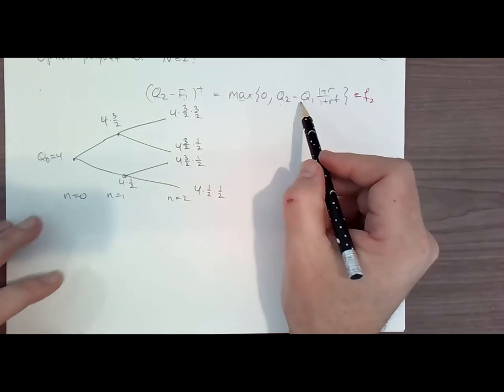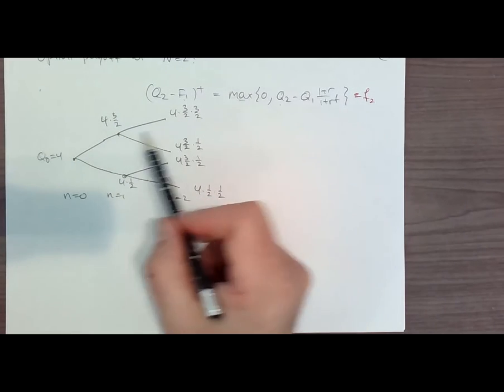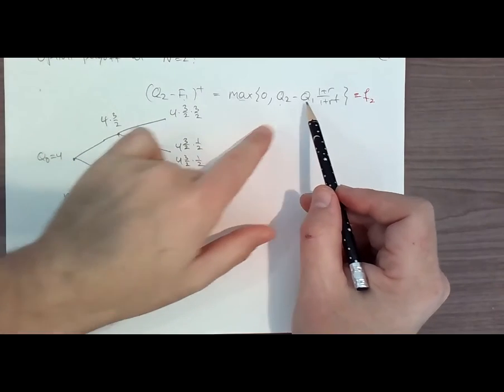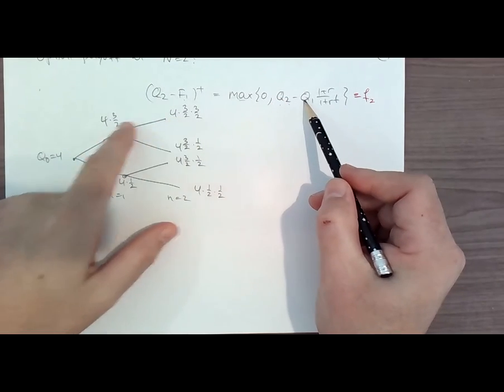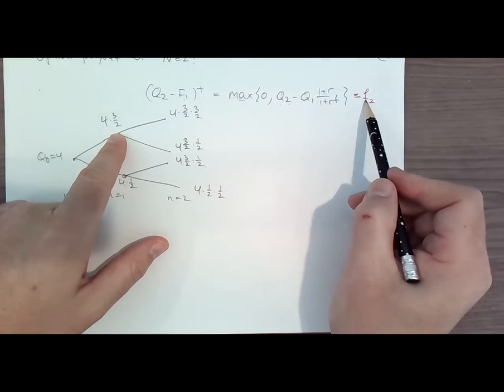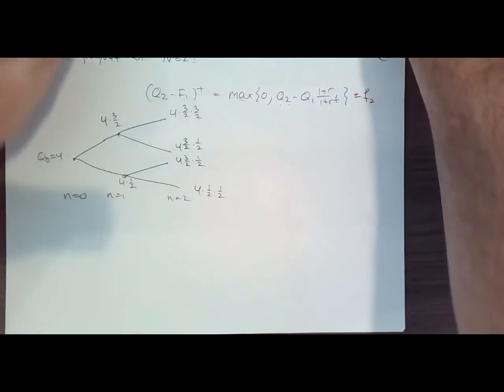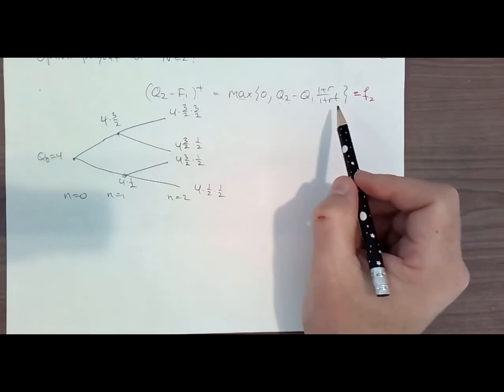So what that gives you now is, if you go on the top path, you'll get one payoff, and you'll have Q2, that'll be this value there, minus Q1, that'll be that value there, times that ratio. Okay, so what is going to be F2 in that case? You can see here, there's path dependence, right?